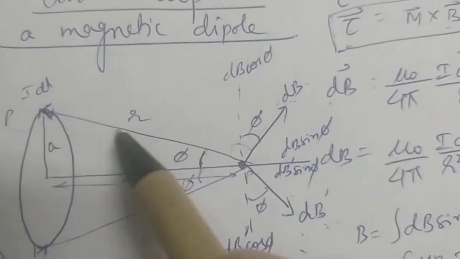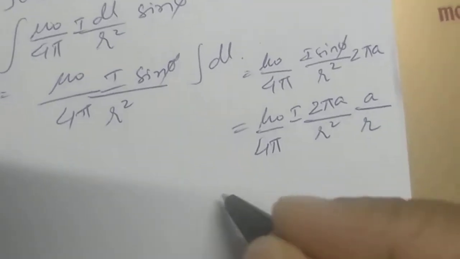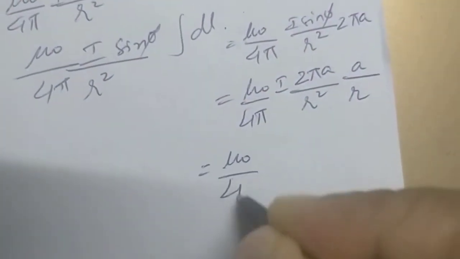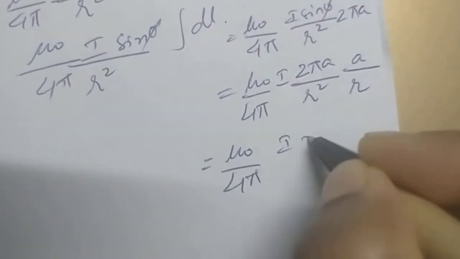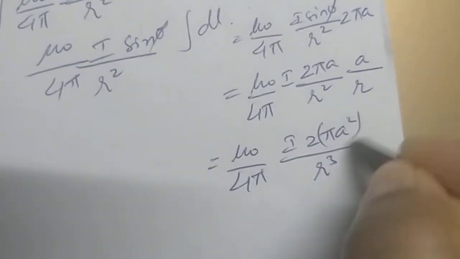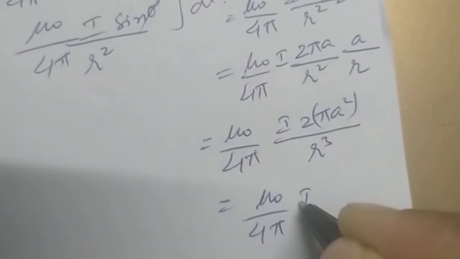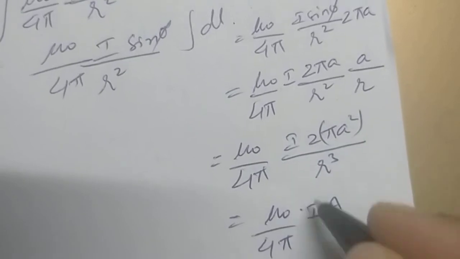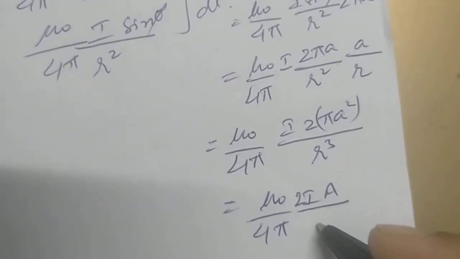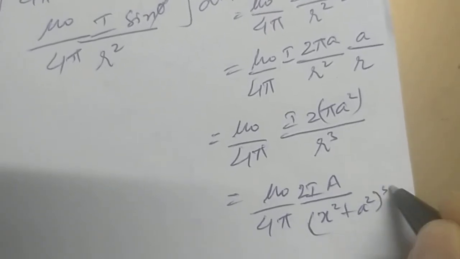Sin phi I can substitute from this triangle: sin phi is perpendicular upon hypotenuse, so it will be a by r. So we get μ0 by 4π, I 2π a squared by r cubed. This πa squared is the area, so μ0 by 4π, I a, this 2 will remain here, upon x squared plus a squared raised to power 3 by 2.